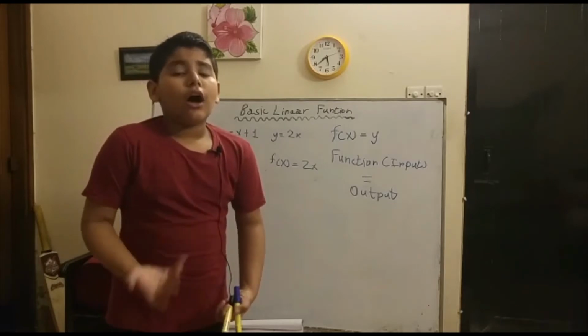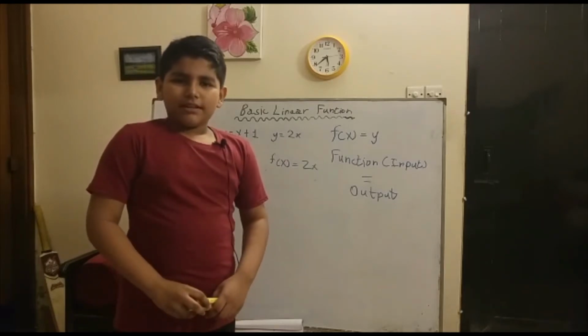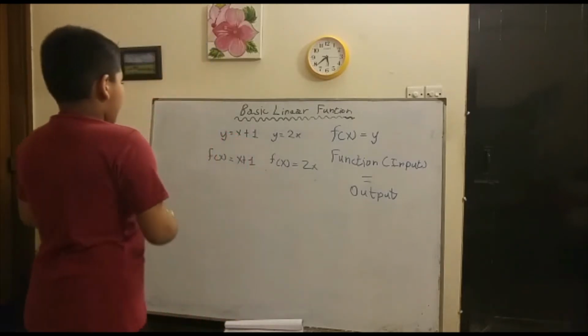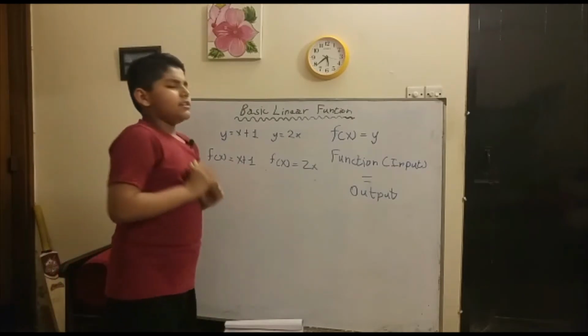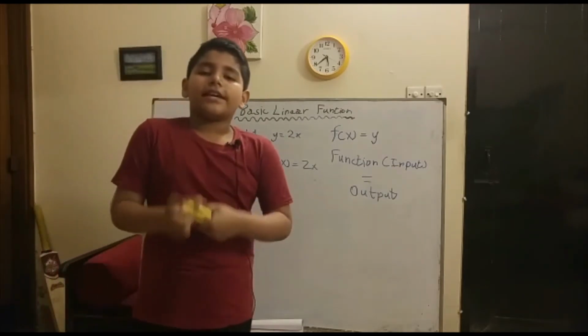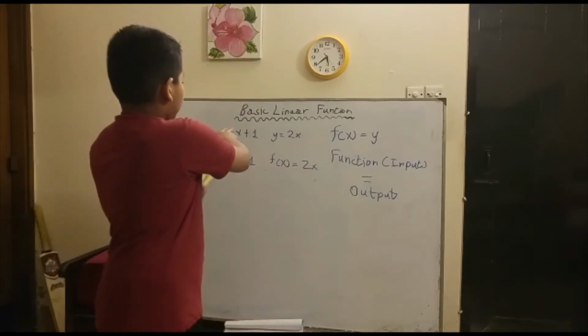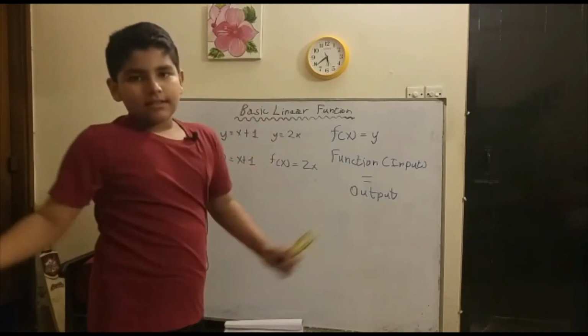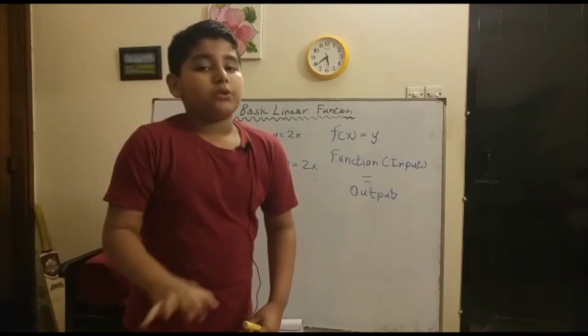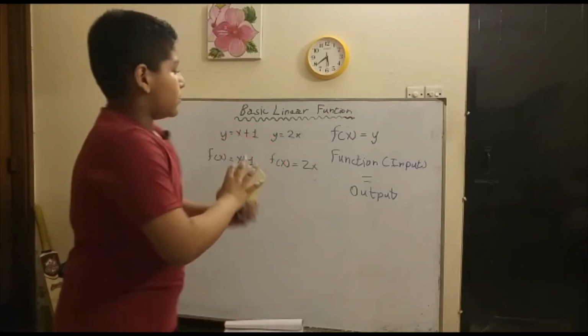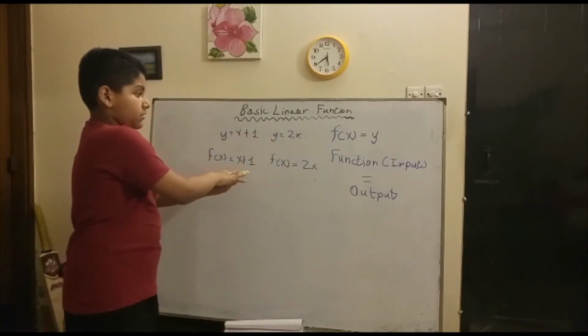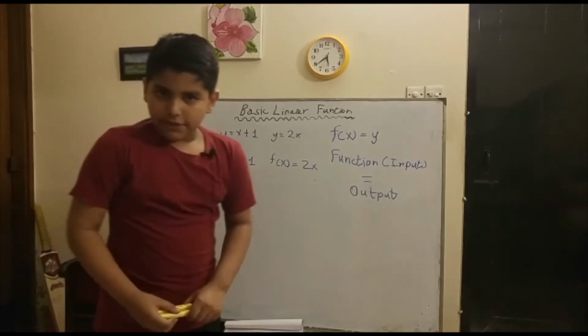I mean, that's a lot harder, right? But this f of x thing will show that we are dealing with a function. Remember that with y equals some x thing, some of these would not be a function. Well, if you use this notation, we would know that it's a function.